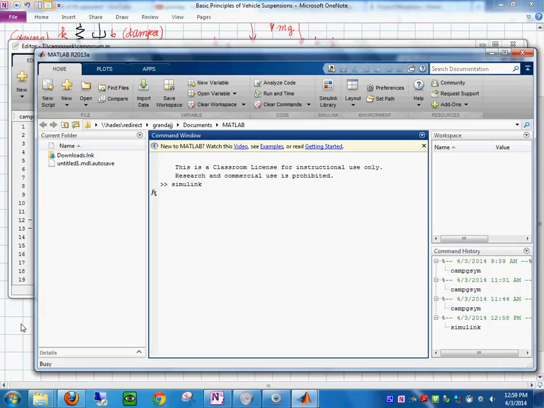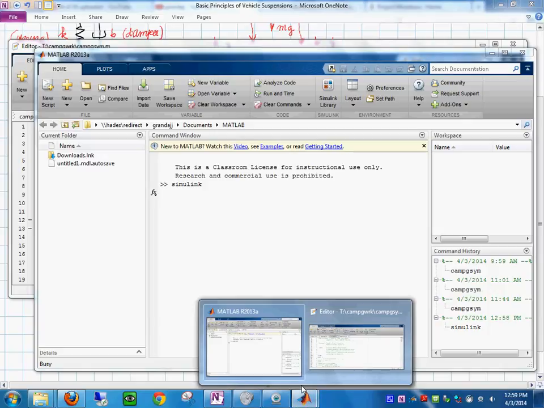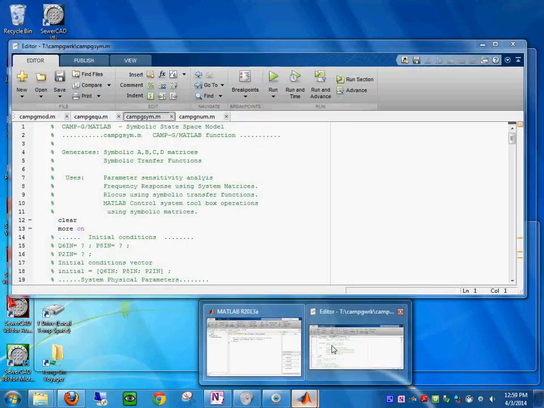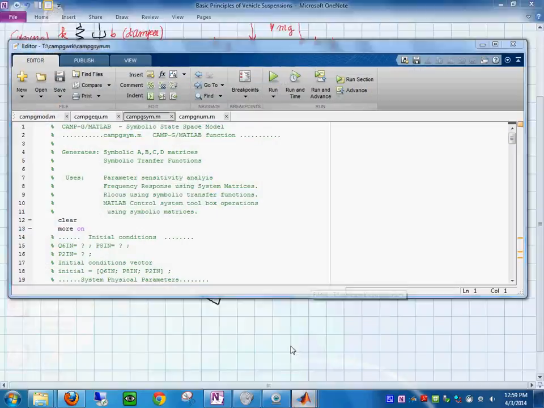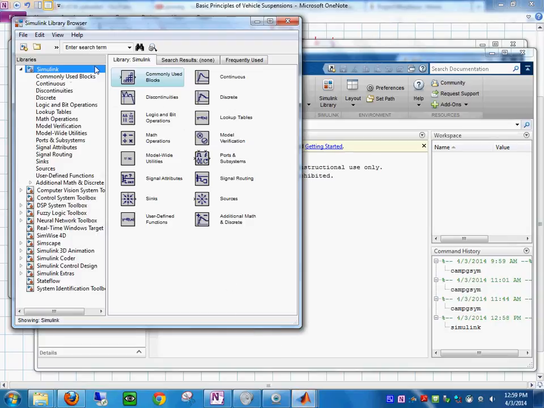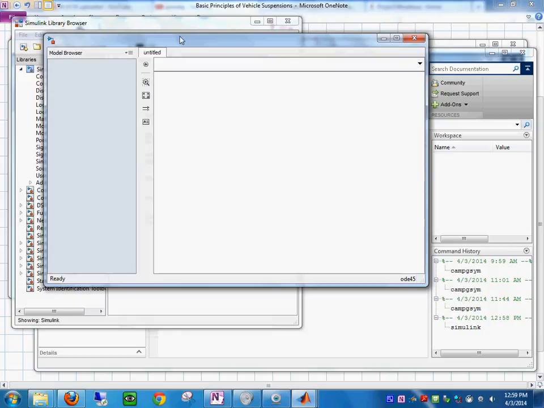So Simulink is an environment that allows us to graphically enter these block diagrams, and Simulink actually solves those. So let's see where it is. Yeah, there we go. And so we need to look for a new one.